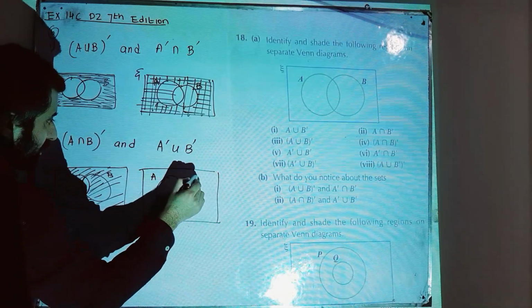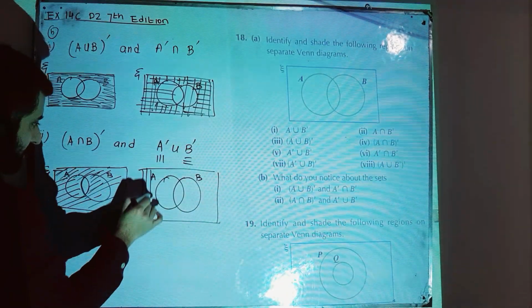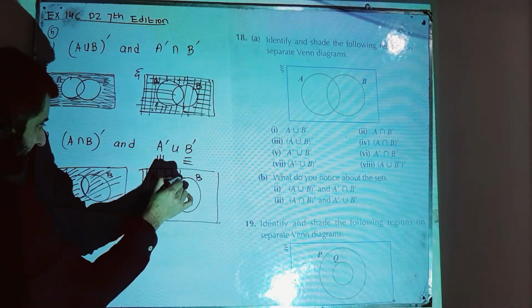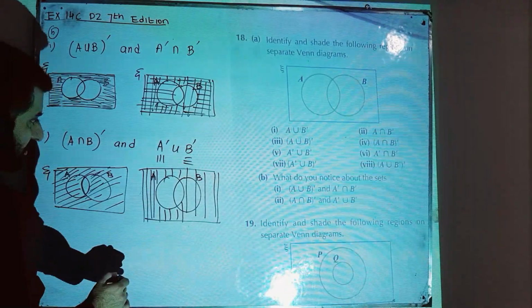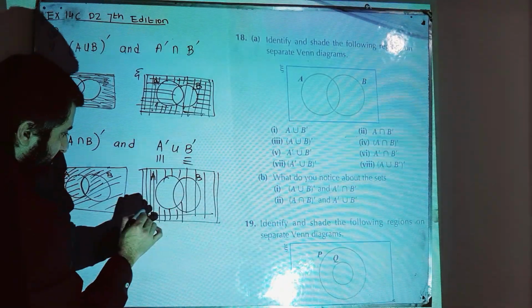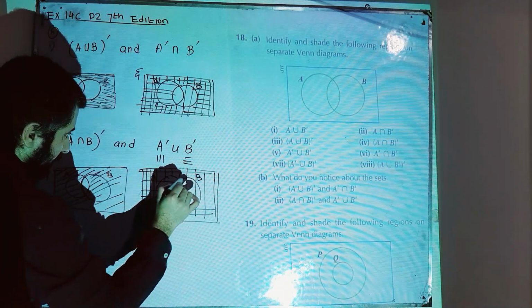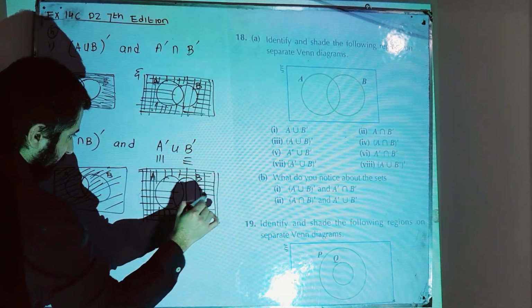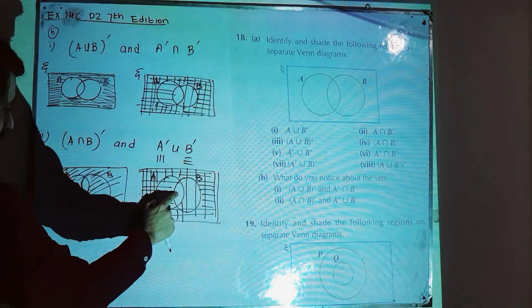A complement by vertical lines, not A, and B complement by horizontal lines. Now, I am talking about the union part.